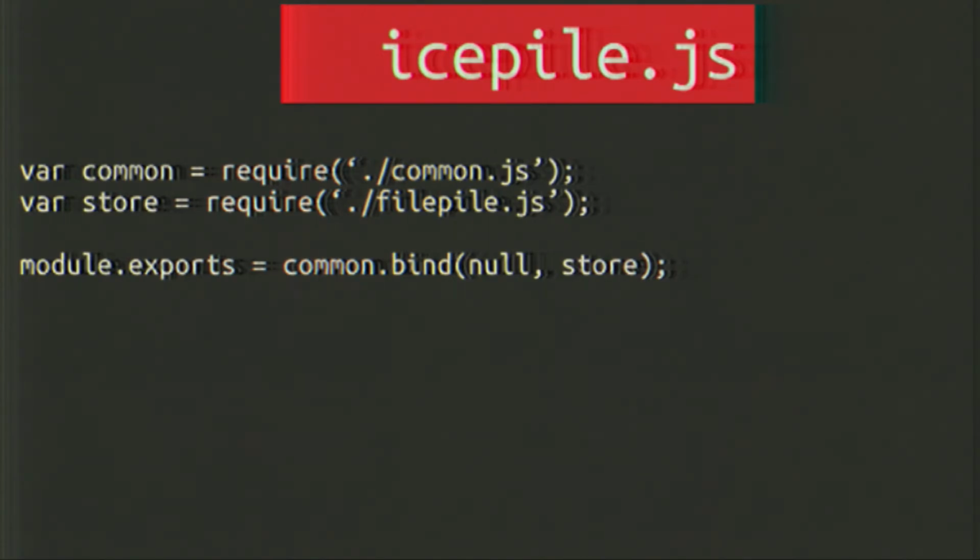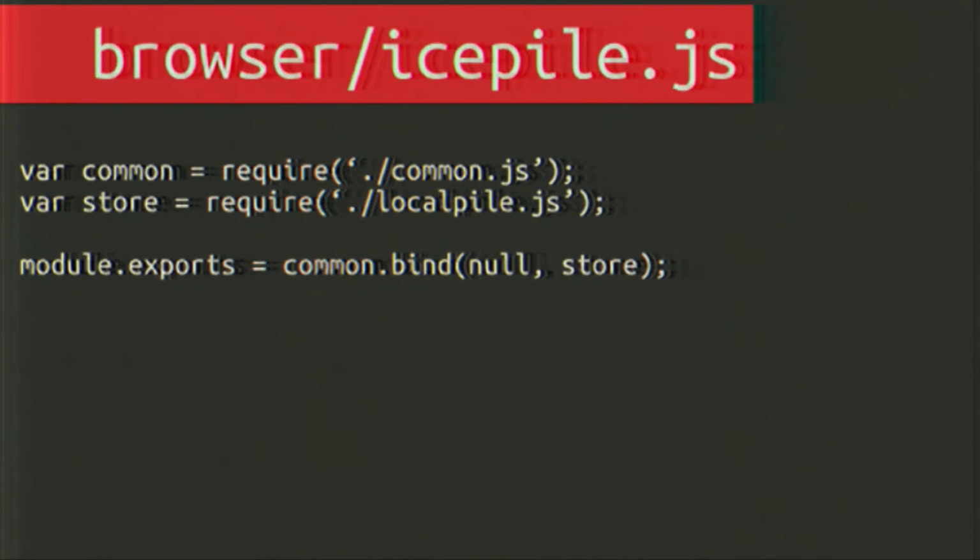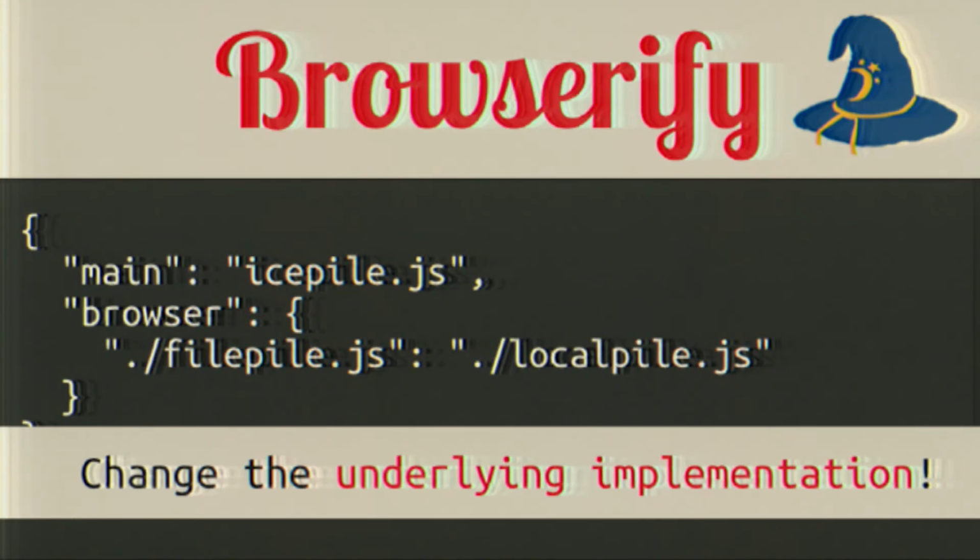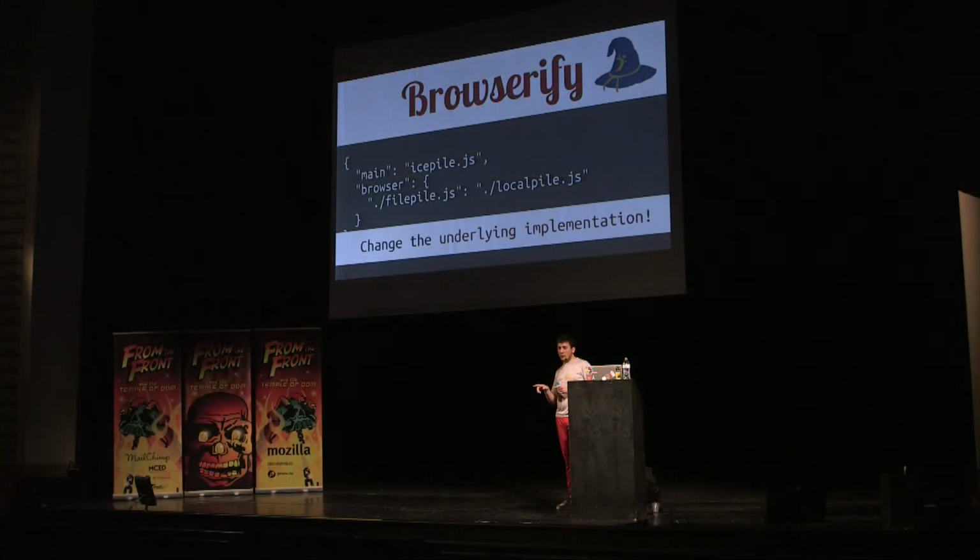And then you pretty much say, OK, the store is going to be the file pile for my server-side implementation. And on the browser-side implementation, I'm going to use the local pile. Awesome, my module is great. OK. And you actually are able to define a browser property that allows browserify to say, hey, when I'm talking about the file pile module, you should actually use the other one.